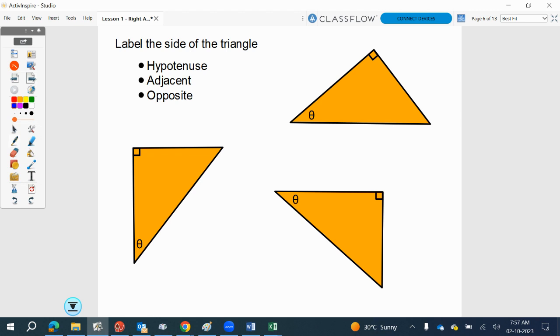The angle is the marked angle, so mark the angle A. Here on this one, you need to mark the angle.